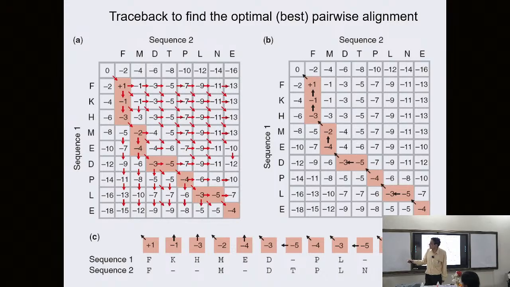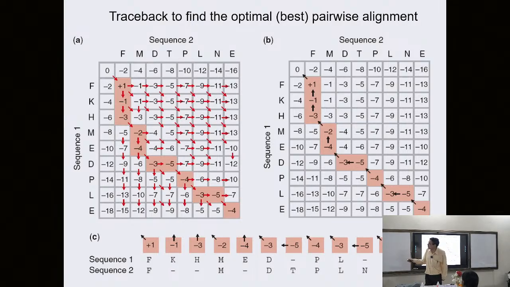How did we get it? Okay, horizontal. Horizontal means that you move from D to T in sequence 2, but you remained at D in sequence 1. So the residue that you move to should be aligned to a gap. So T in sequence 2 should be aligned to a gap. So now you are here.